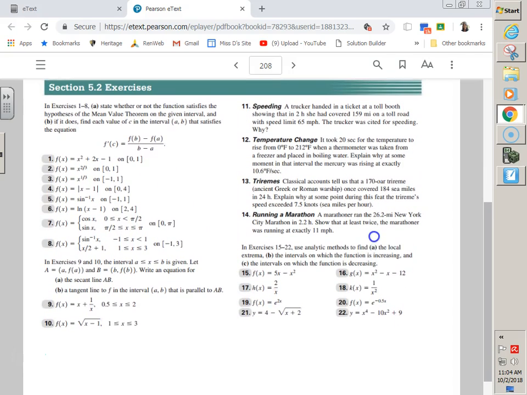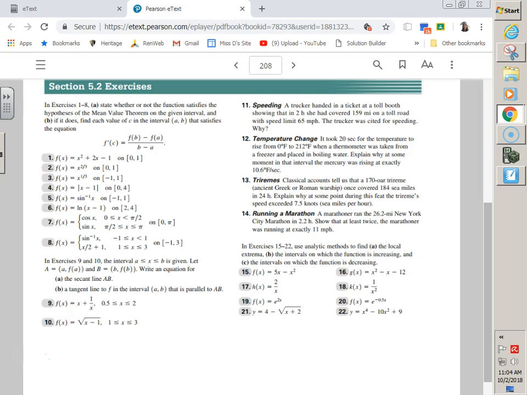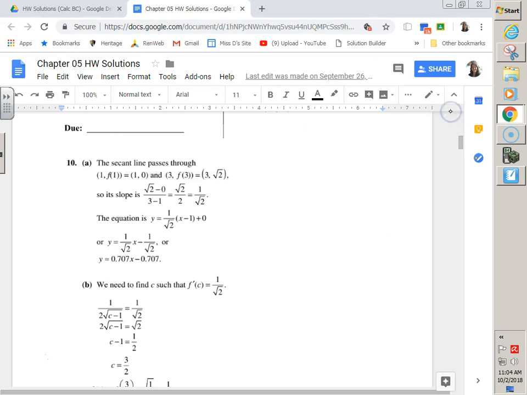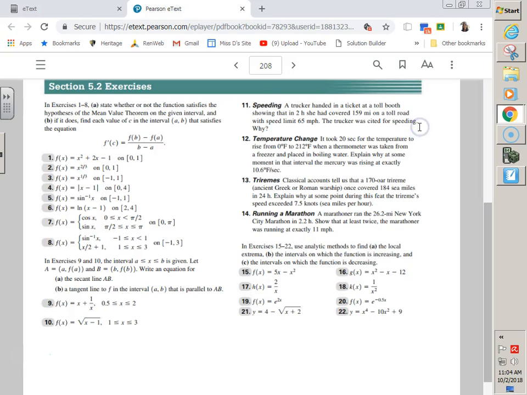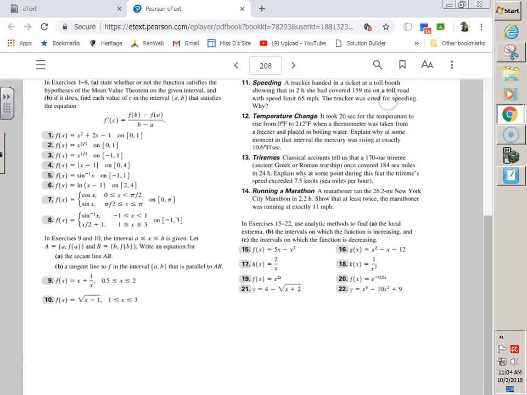Wait, this is the right homework, right? Yeah. Oh, number 10. Got it. Sorry. It says tangent line to AB. Wait. In the interval that is. First, you have to find the AB line.